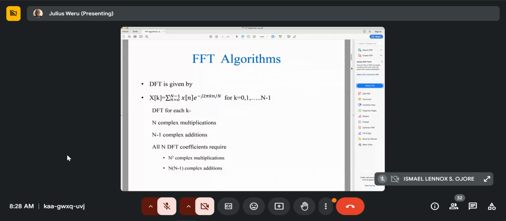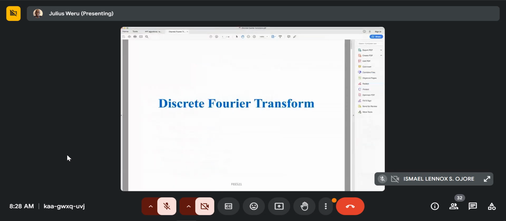Since I can't write on this one, let me open the DFT. I hope I don't have to change the window. I think you can still see, I don't have to share again.